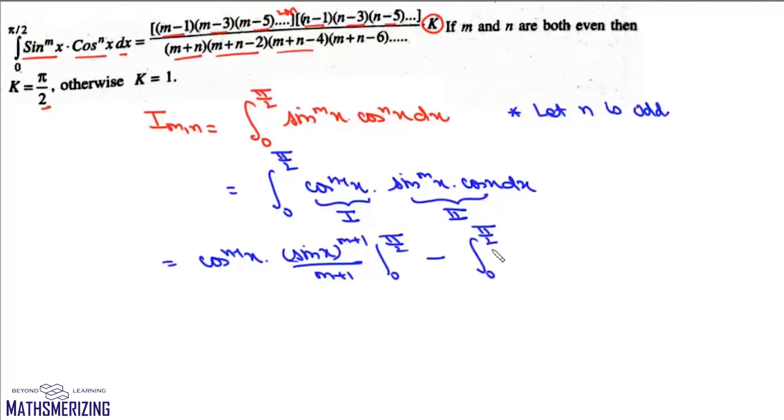Now derivative of this function, so it will be n minus 1 cos n minus 2 x, derivative of cos x is minus sin x into sin x to the power m plus 1 upon m plus 1 dx.